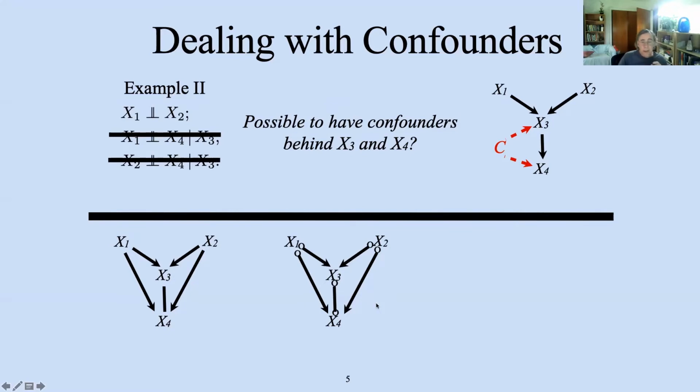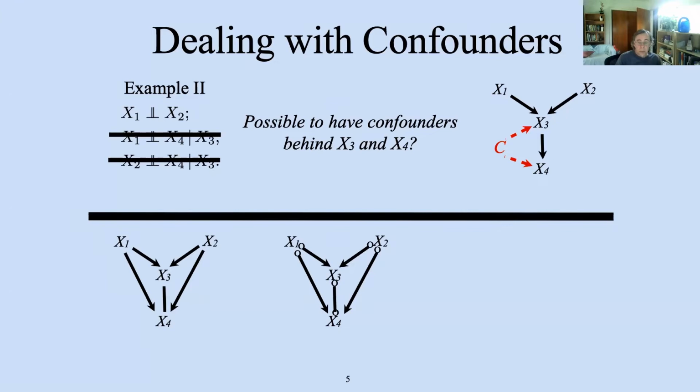On the other hand, the graph on the right, which I'll explain in more detail later, is the output of the FCI algorithm. And it actually indicates, for instance, that it can't tell whether x1 is a cause of x4, because it has a circle up at the top here indicating it doesn't know whether there should be an arrowhead, indicating that x1 is not an ancestor of x4, or a tail indicating that x1 is an ancestor of x4.